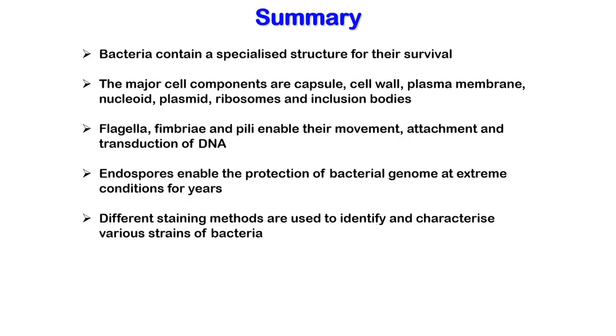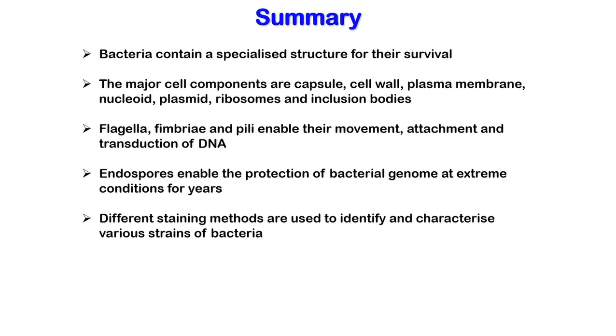Okay, so we've come to the end of the lecture, and in summary, you've learned about the major components of a bacterial cell and how these are important for survival. We've also learned about specialized bacterial appendages, such as flagella, fimbriae, and pili, and also how they're involved in movement and attachment of bacteria to different surfaces and sites.